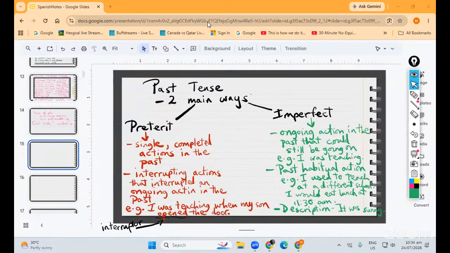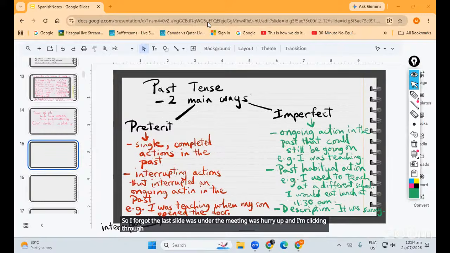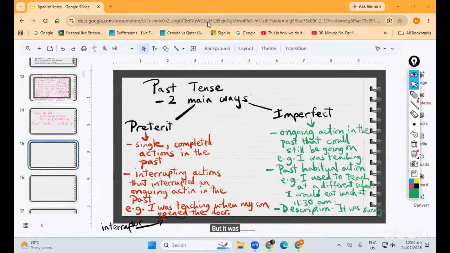So I forgot the last slide was underlay and the meaning was hurry up. And I'm clicking through messages and I saw hurry up. And I thought a student was telling me to hurry up. But it was underlay that we were talking about, right?